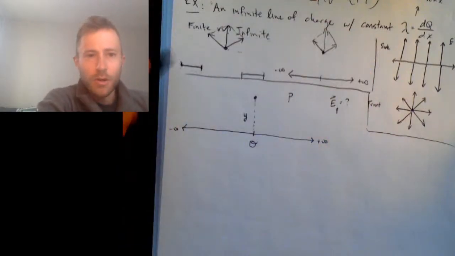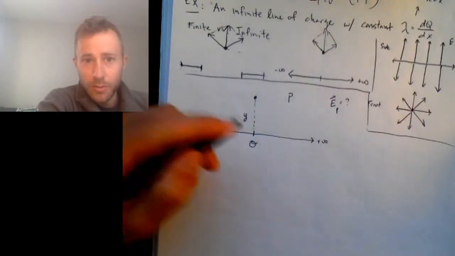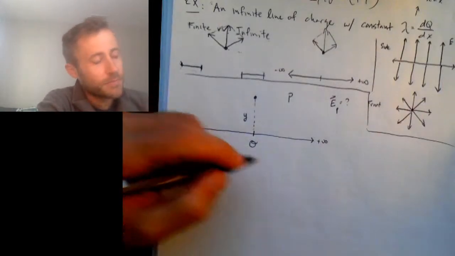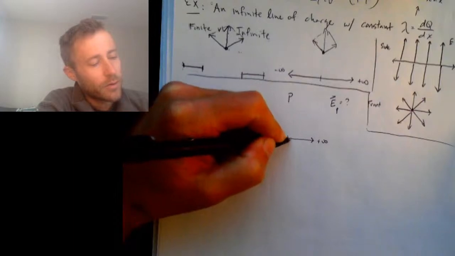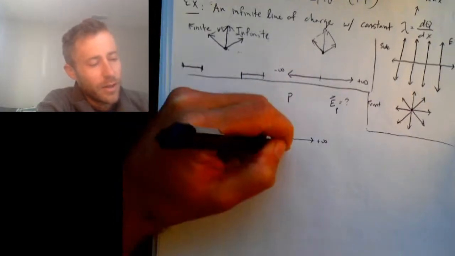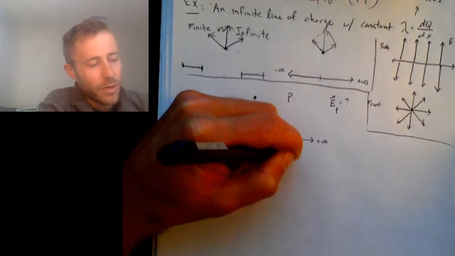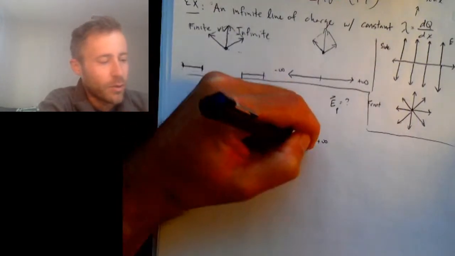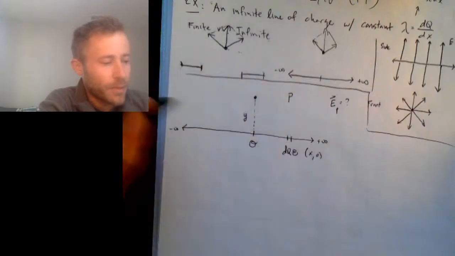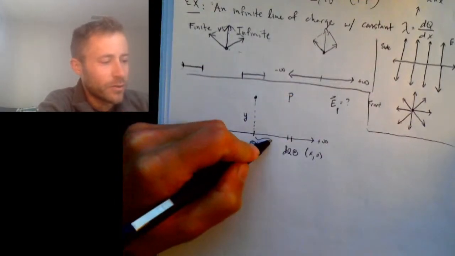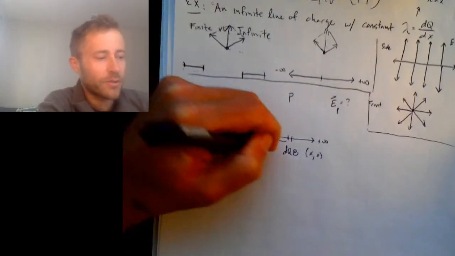So what we want to do is look at a little piece of the line of charge. So maybe this little piece. And so this is a little piece dq, and it is located at coordinates x, 0. So that means that this distance right here is x.